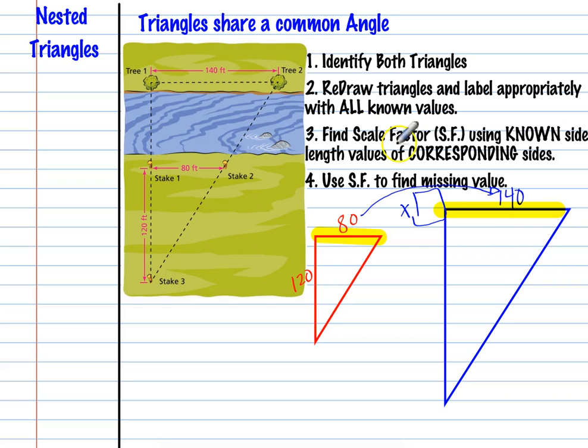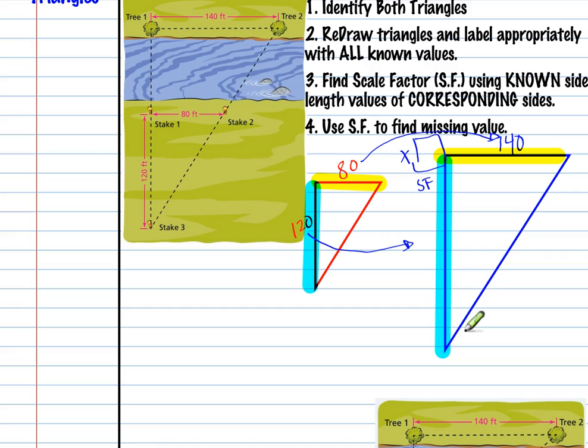This is my scale factor. I can use that again to find this number to figure out this side length here. So this side length here should match this side length here, and I can figure out what the whole thing is. Okay, so let's do our math.